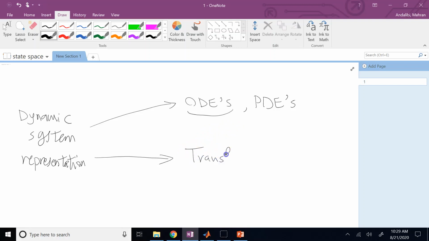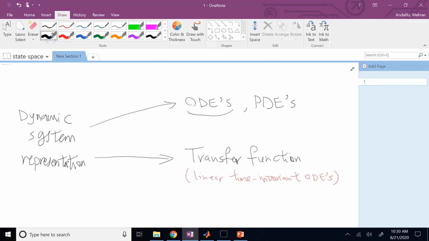So we call it what? A transfer function, right? That was a secondary method that you could show. So this one was limited to linear time invariant ODEs.